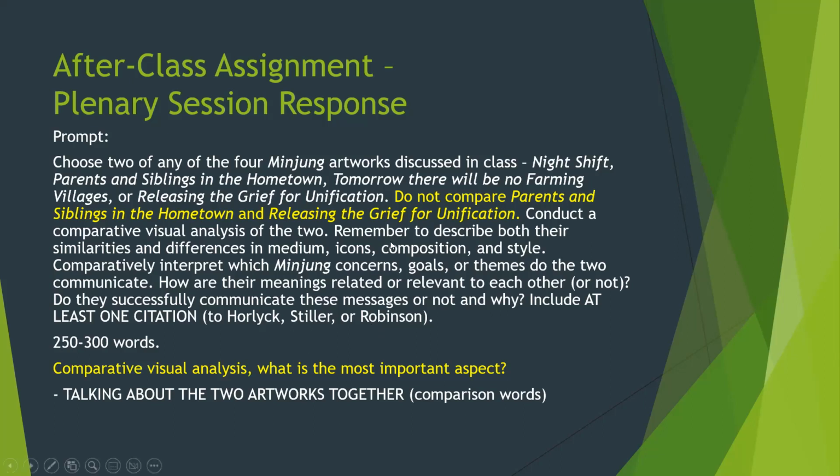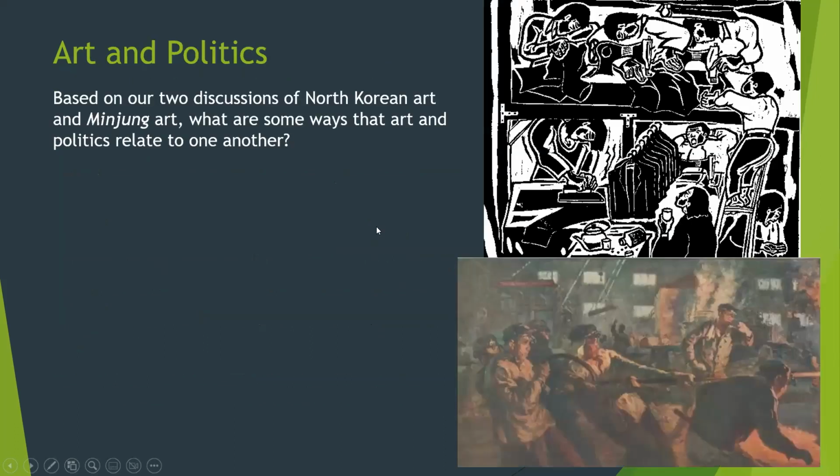Okay, and this is on Canvas too, on the plenary session response submission portal. Good. All right. So what do you think? I think Elise brought this up, right? What is the difference between North Korean art as propaganda and Minjung art as political? Why are they different? Why is one propaganda and one is just political?